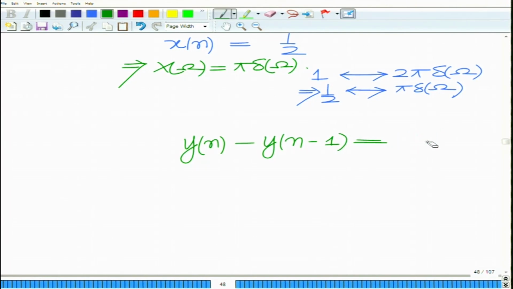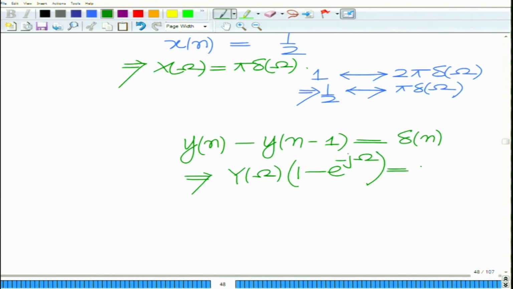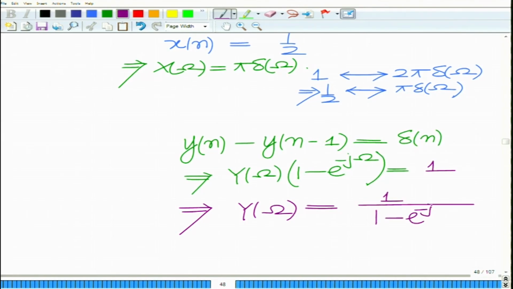This implies, by the time difference property, Y of omega into 1 minus e raised to minus j omega equals, taking the DTFT of delta n, that is 1, which implies Y of omega equals 1 over 1 minus e raised to minus j omega.